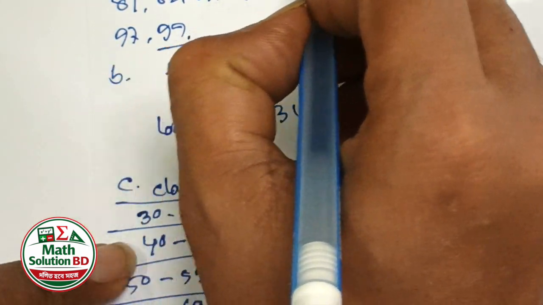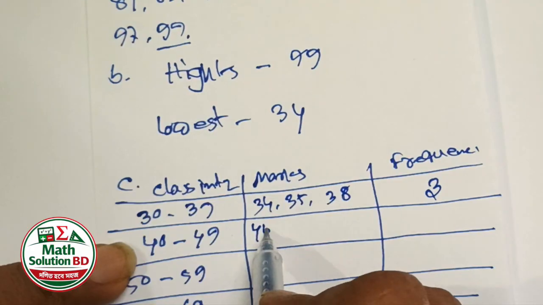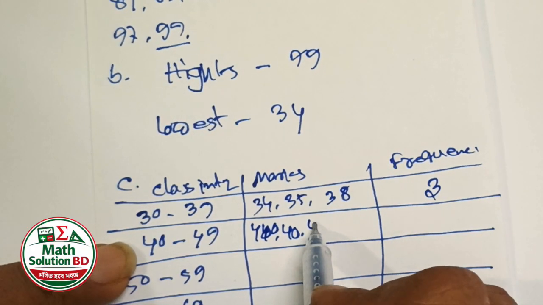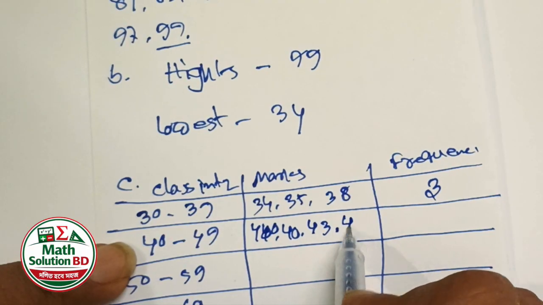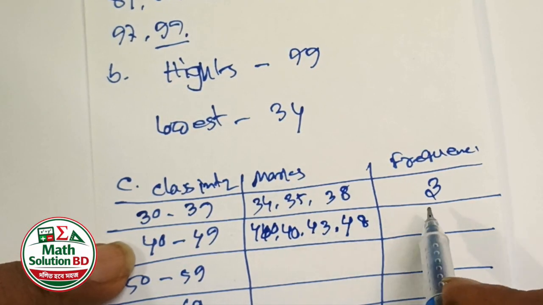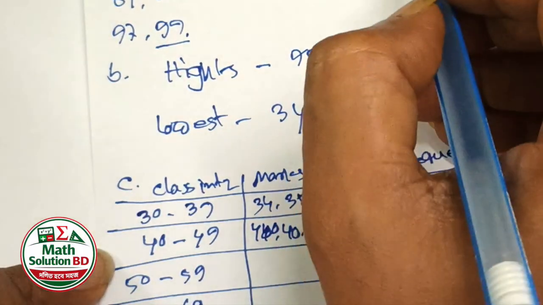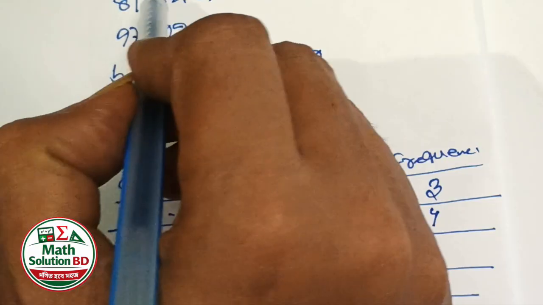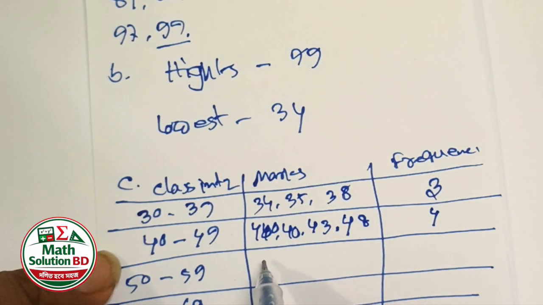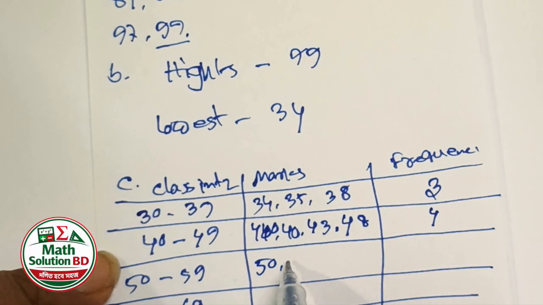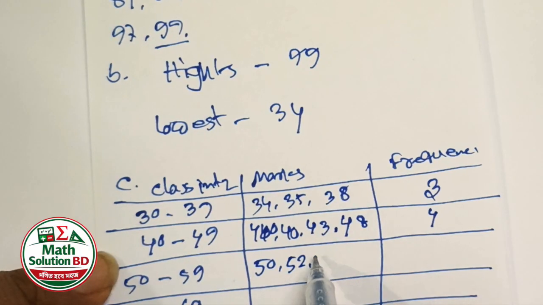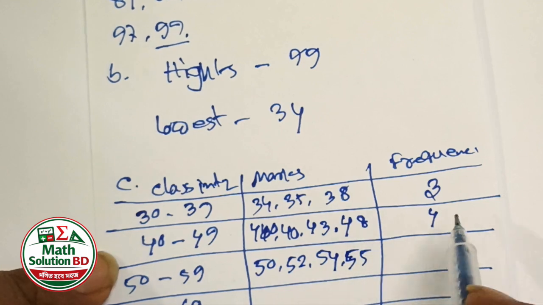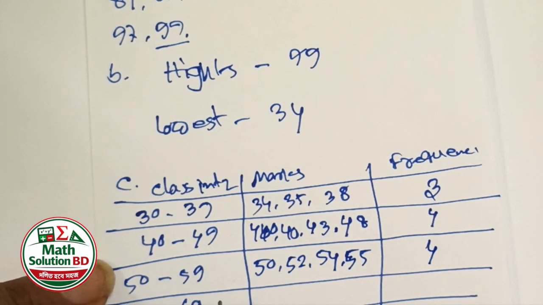And 40, 43, 48. 1, 2, 3 students. Then 50 to 59: 50, 52, 54, 55. That means 4 students got.